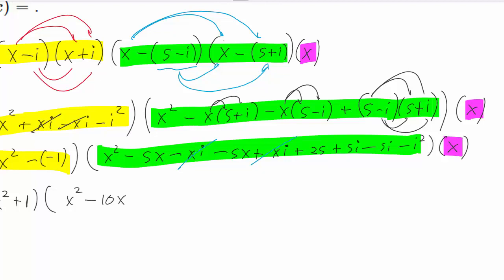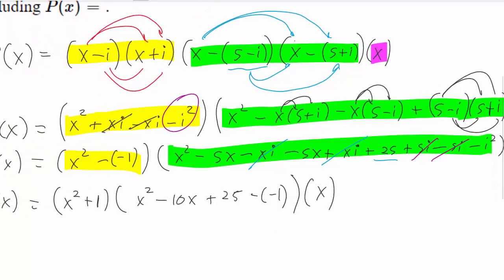And then last but not least, I have a plus 25. Then over here, I have a 5i minus 5i, so this subtracts to make 0. And then just like we saw from here, what we already figured out is negative i squared. That's the same thing as negative, and then the i squared is the same thing as negative 1.